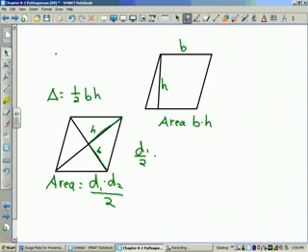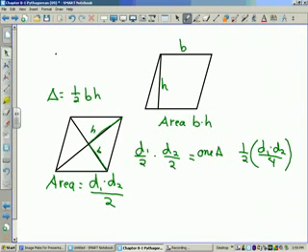Now this is not an addition problem, so we are going to multiply. So what I have right this minute for one triangle is I have 1/2 diagonal 1 times diagonal 2 over 4. That's just one triangle using diagonal measurements.